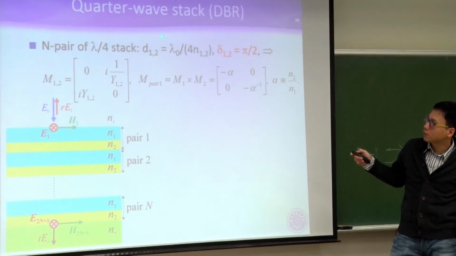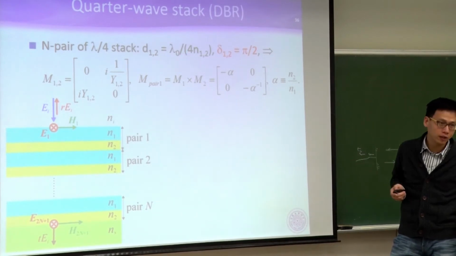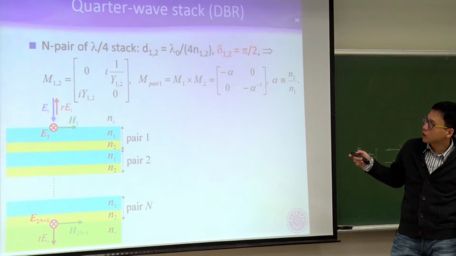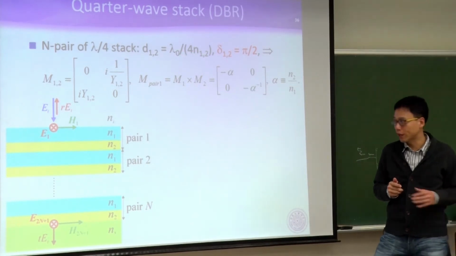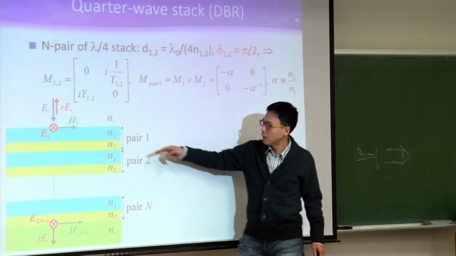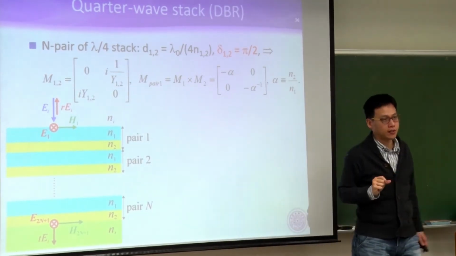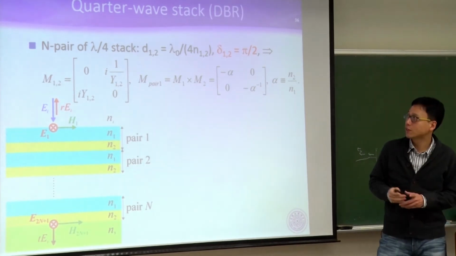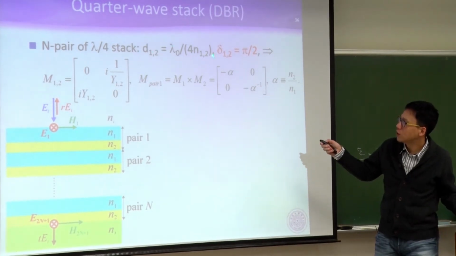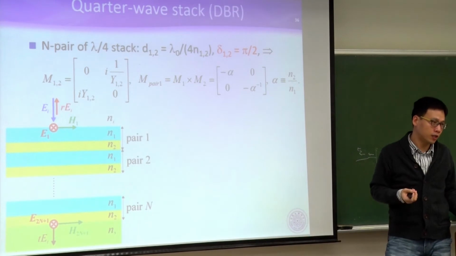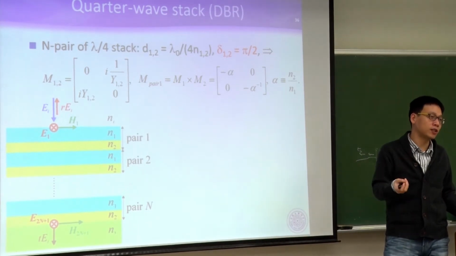D1 equals lambda 0 over 4n1. D2 equals lambda 0 over 4n2. So whenever you determine the index, you determine the thickness simultaneously. The thickness, according to this formula, is a quarter of the wavelength in that material.